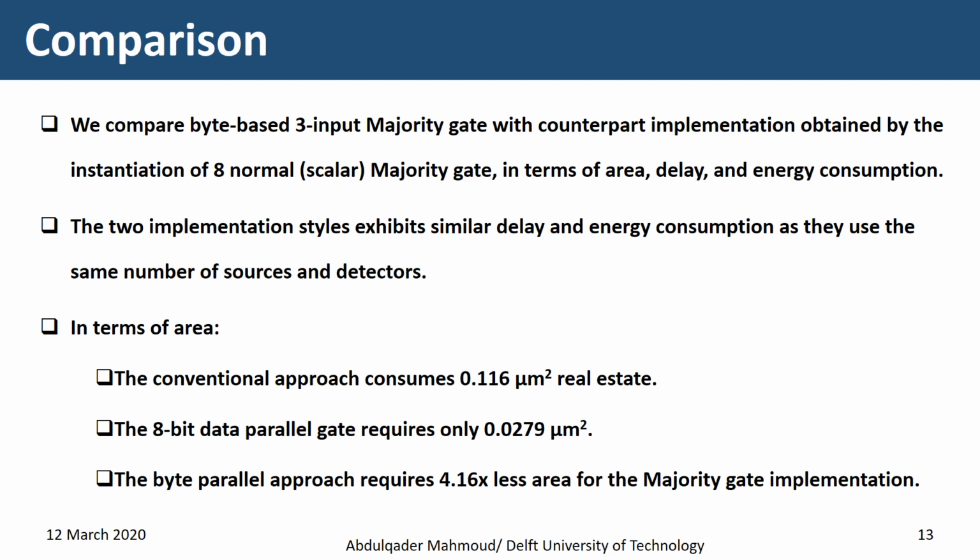However, the conventional approach consumes 0.116 micrometer square, while the 8-bit data parallel gate requires only 0.0279 to implement the 8-bit majority gate. That means that the proposed approach requires 4.16 times less area than the conventional approach, which shows the importance of such an implementation.